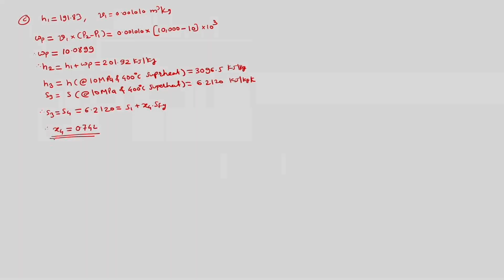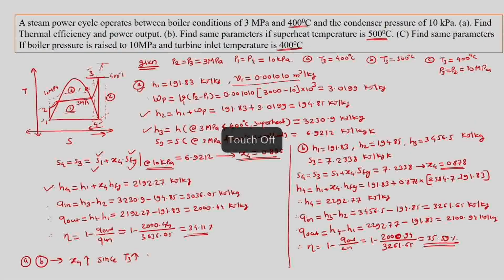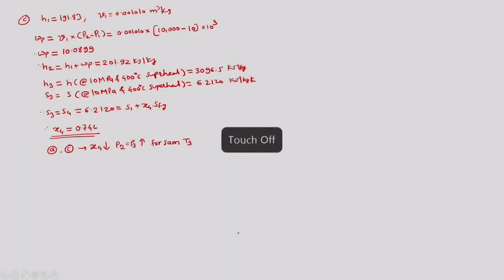And now if we compare examples A and C, then X4 decreased for the case that we increased P2, which is also equal to P3, for the same T3. For the same P2 or P3 we got this conclusion.